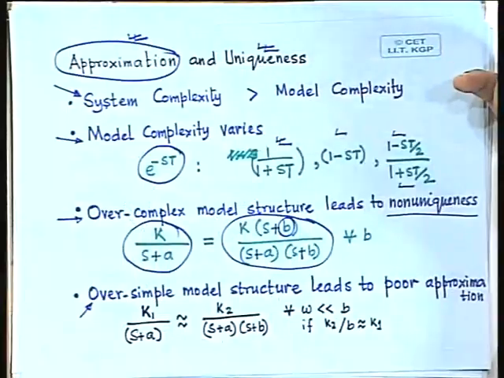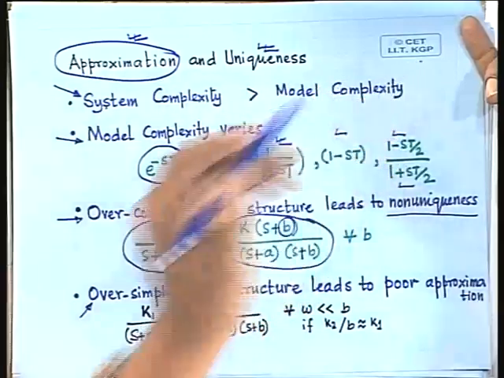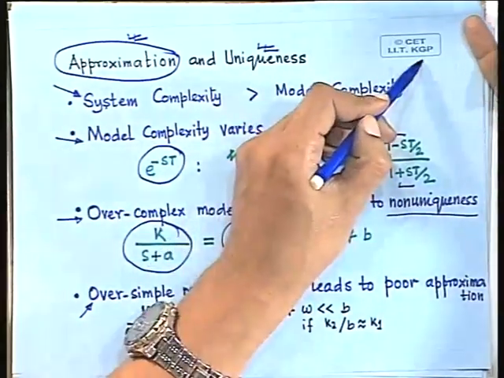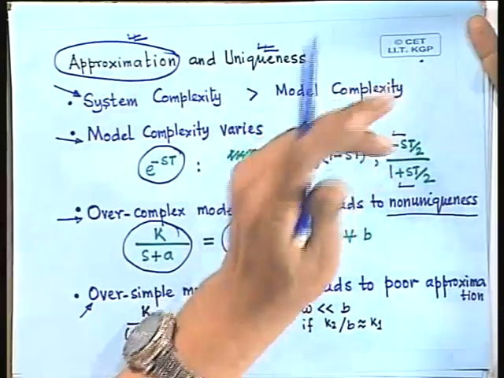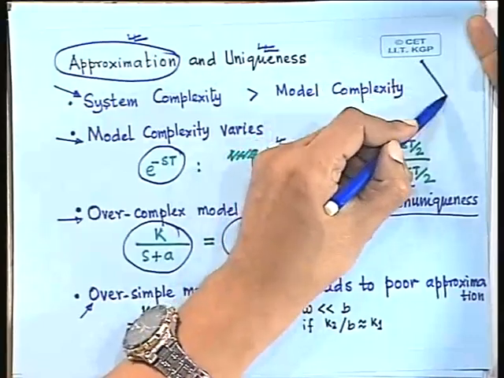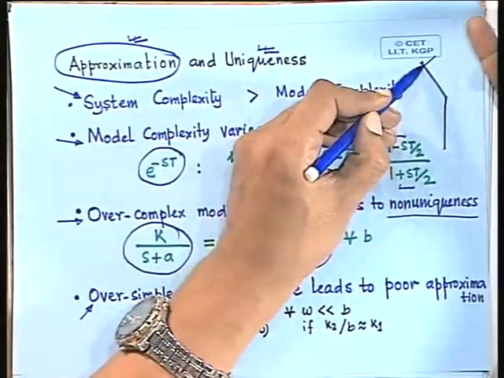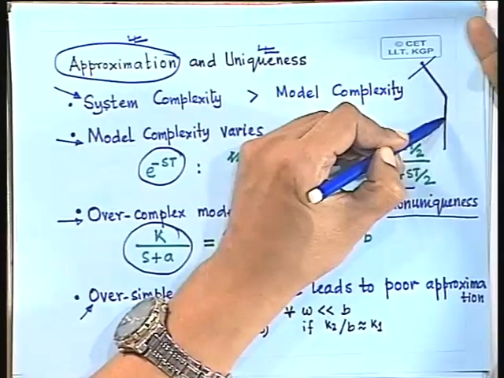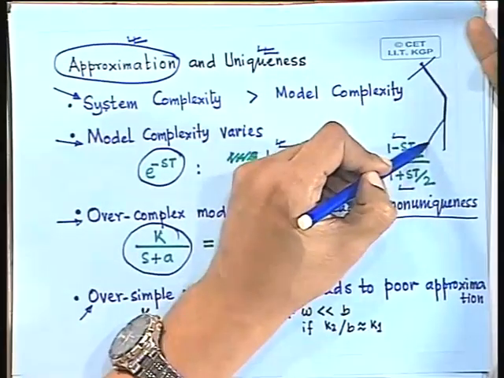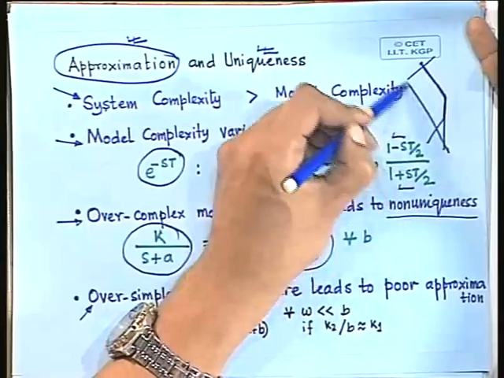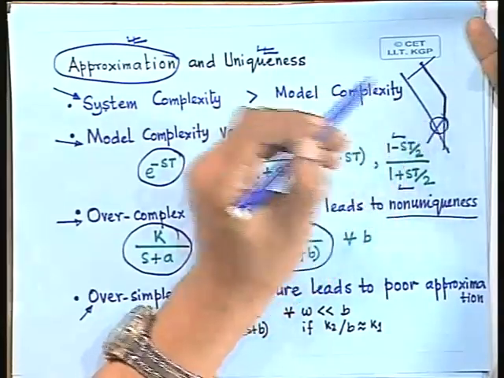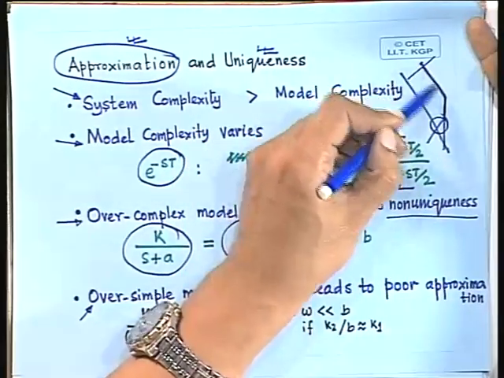Why does it happen? Because you have unnecessarily considered a model which is too complex. It was not necessary. On the other hand, if you choose an oversimple model structure, then you will not be able to approximate. For example, if you model a system Bode plot by a first order Bode plot, you will be able to model up to this maybe, but if the system has another pole here, then you will never be able to model this if you always choose a first order model.